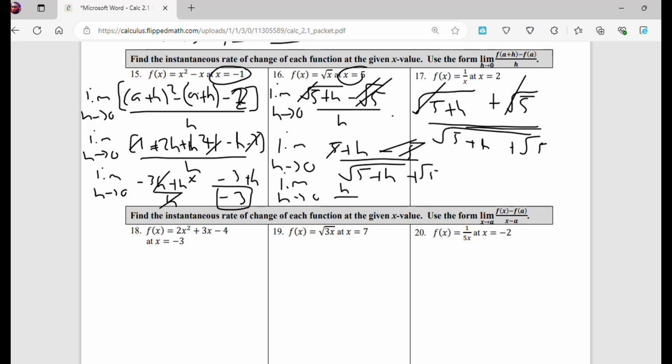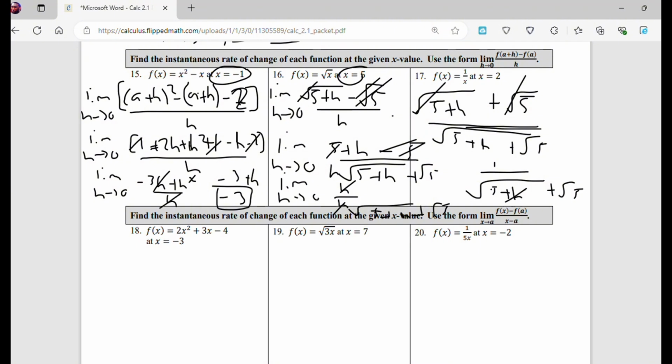over. And then look at this. Sorry, I forgot to bring that down. So we have h over h times (square root of 5 plus h plus square root of 5). Very sloppy, I know, but we're left over with 1 over square root of 5 plus h plus square root of 5.